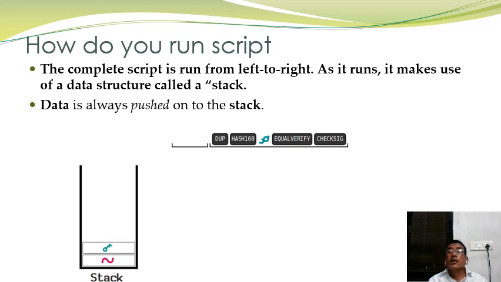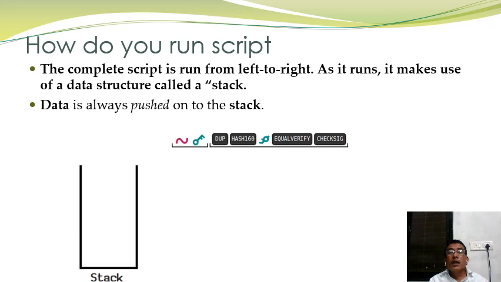As it runs, it makes use of a data structure called a stack. You can see the figure. Data is always pushed onto the stack or popped from the stack, and you can see there are some opcodes shown in the figure. These are the different opcodes.